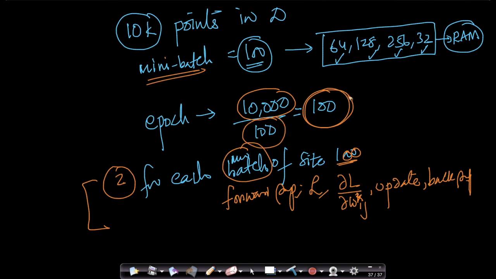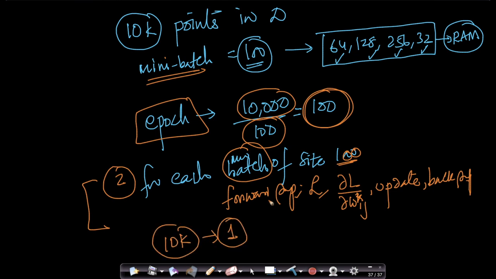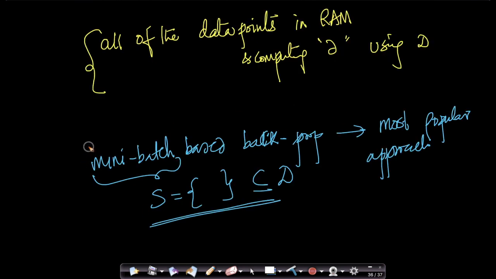That is more efficient than running this loop 10,000 times with 1 point each in each iteration. So that's why mini batch based backpropagation is the most popular approach for training neural networks of all sorts that we'll see in the future.